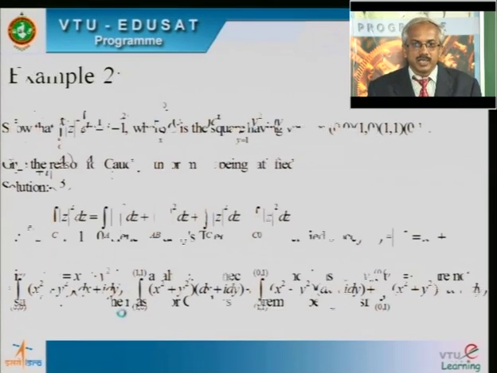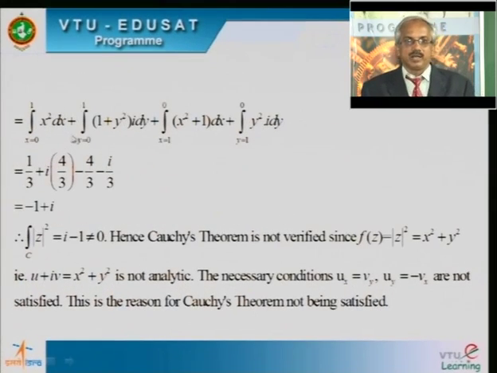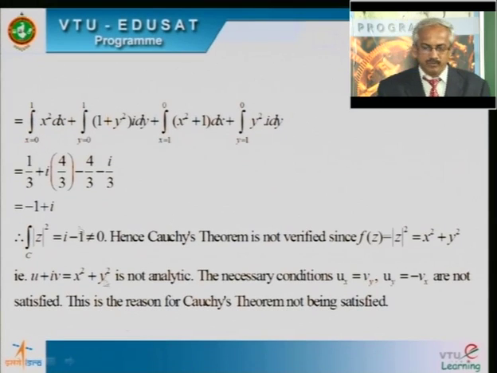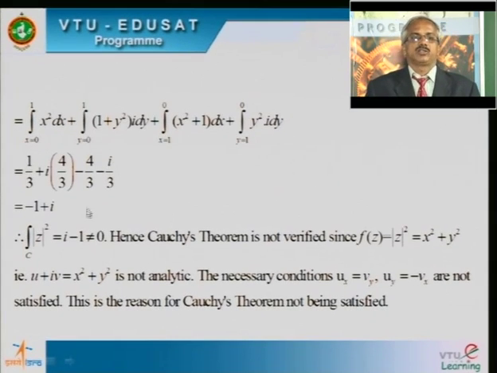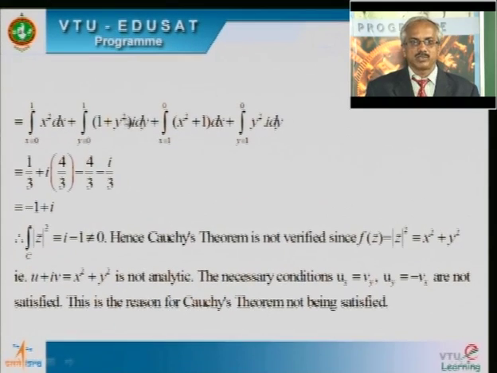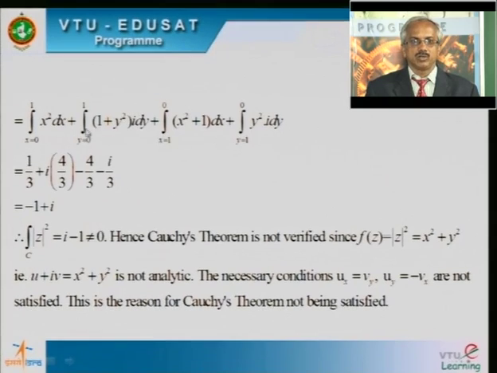Then I use the same concept: x is equal to 0 to 1 means y is 0, therefore dy is equal to 0, I got x squared dx. And y varies from 0 to 1 and x is equal to 1, therefore we get 1 plus y squared i dy, dx is equal to 0, and the limit y varies from 0 to 1.